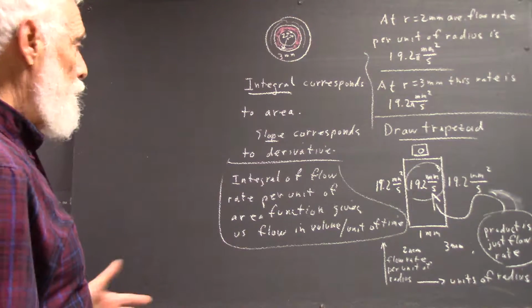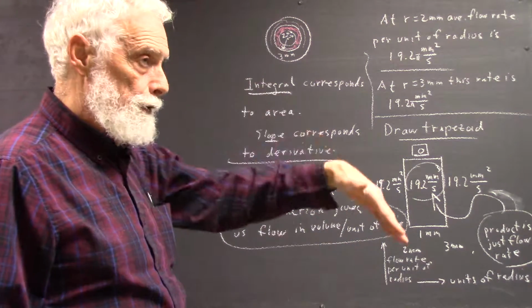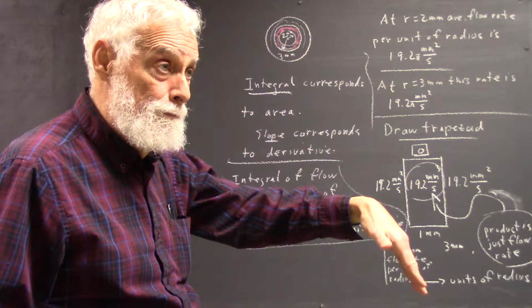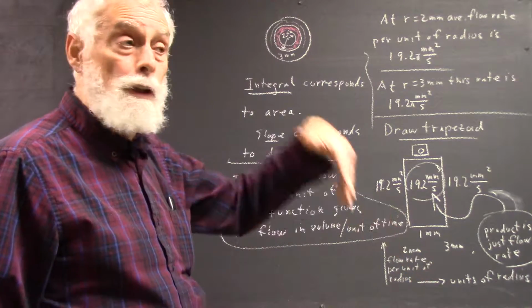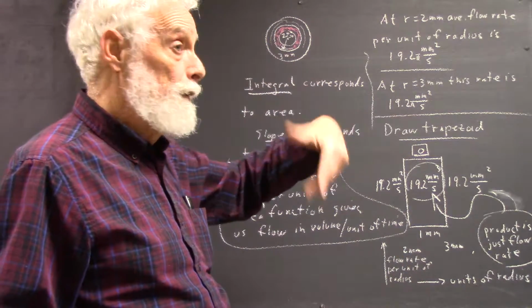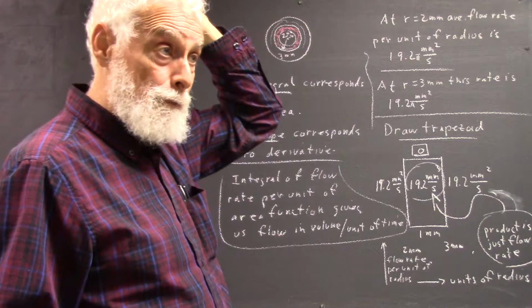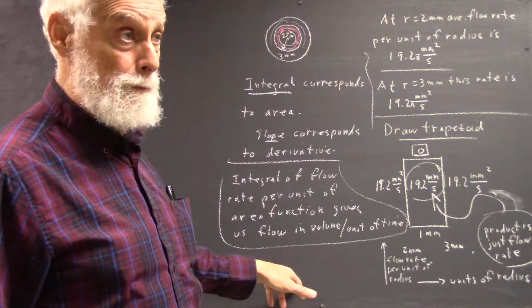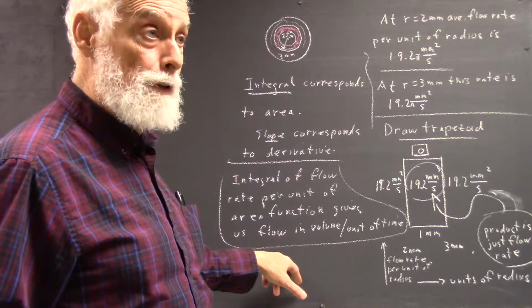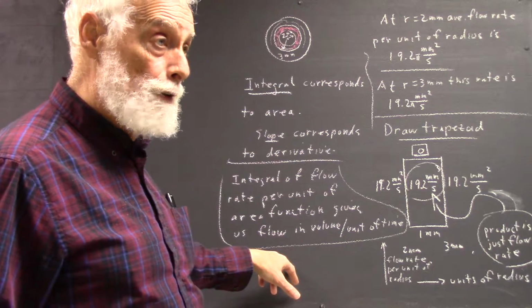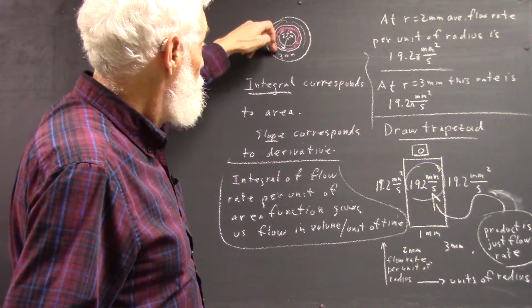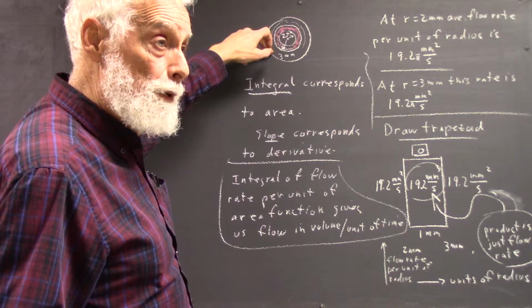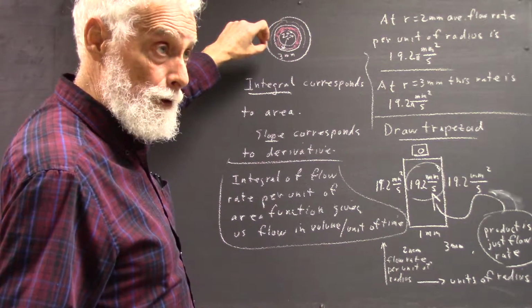That means we would have to figure out what our linear function is for the velocity, and then we only have to multiply that by 2 pi r. If we had a few more minutes, we could actually write that out. We might pick up on that next time and see what the integral is, and also see what the trapezoidal approximation we get by doing 1 millimeter increments is.